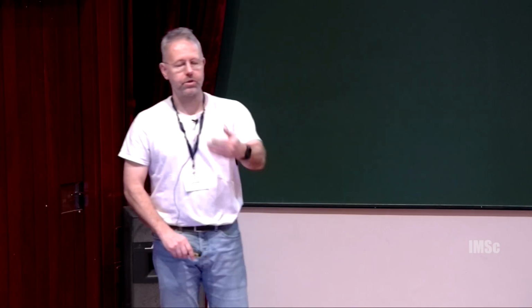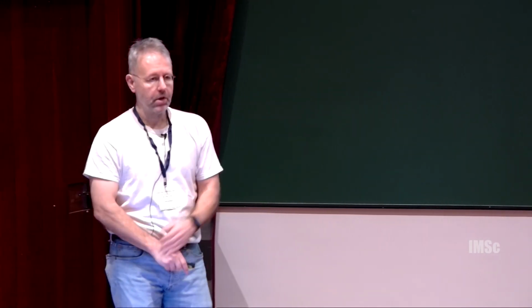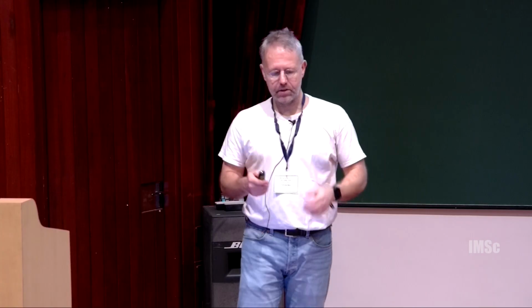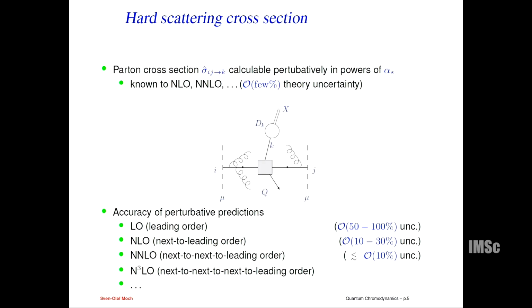So this is also what is forcing us to go to higher orders in perturbation theory, because as a rule of thumb, once we do computations at next to leading order for the Large Hadron Collider, then this theoretical uncertainty that we estimate by varying the scale choice goes down to, say, 10 to 30%, but experimentalists are measuring to better accuracy than 10%, and this forces us to go to next to leading order for key processes that are being measured, because experimental data is so precise and we want to reduce the theoretical uncertainty.